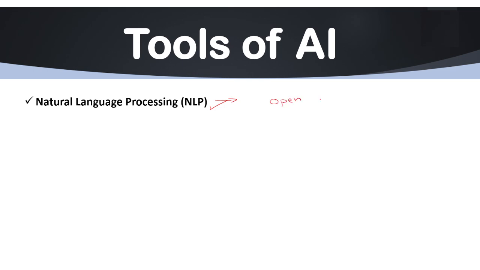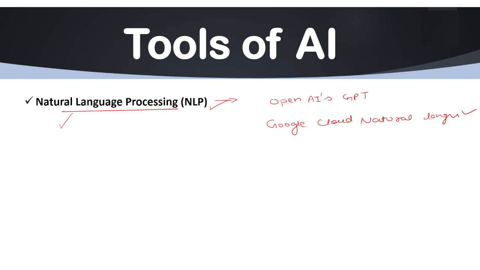We have some NLP tools like OpenAI GPT, and another NLP tool like Google Cloud Natural Language. These NLP tools have revolutionized how we interact with the latest technology. Also, they enable machines to understand.